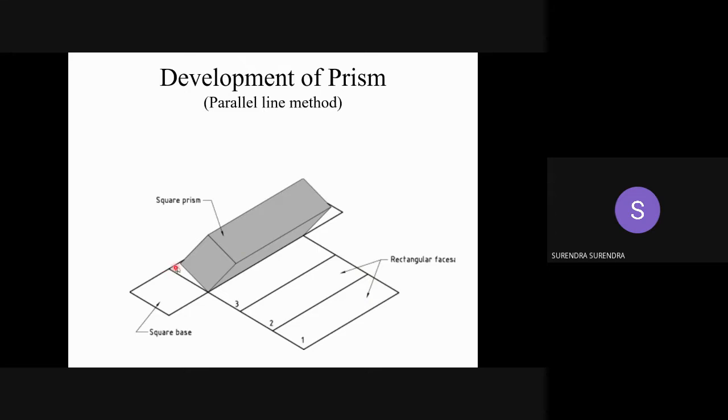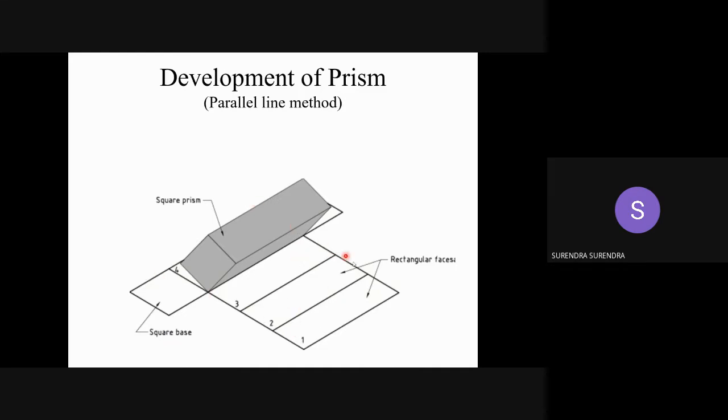If you open the surface of any prism, see here a square prism. When you open the square prism, these are the four rectangular faces and the top base and bottom base. If you observe, all these lines, the edges of these rectangular faces, are parallel to each other.